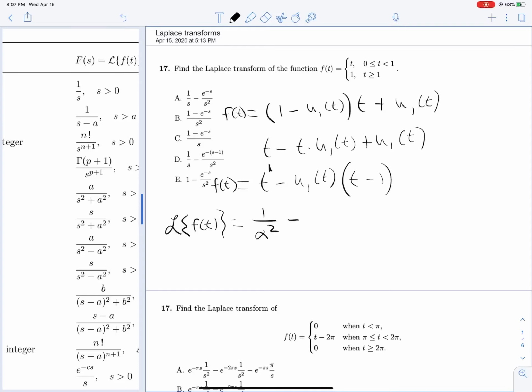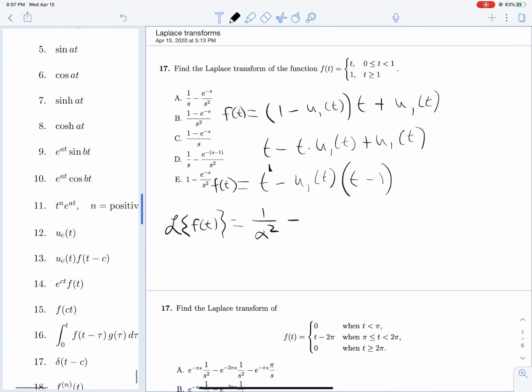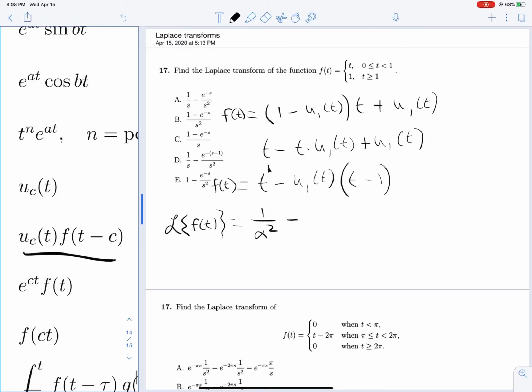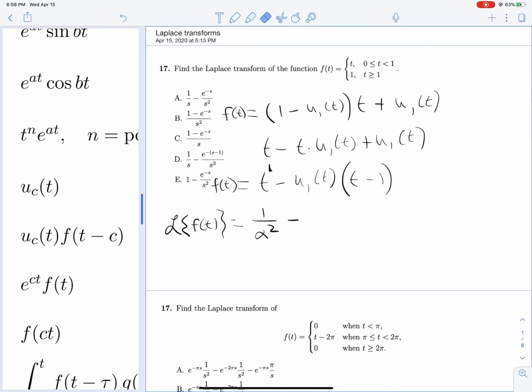And then we are subtracting u1 of t, where in this case c is equal to 1, and then some function where all of our t's are replaced with t minus 1s. This is exactly what we are looking for here.